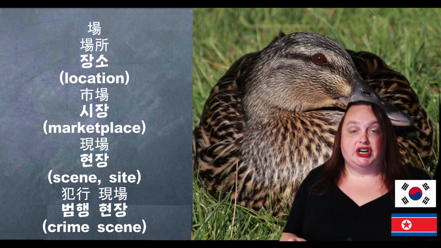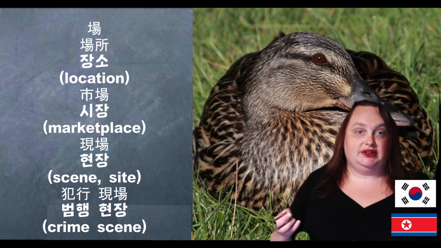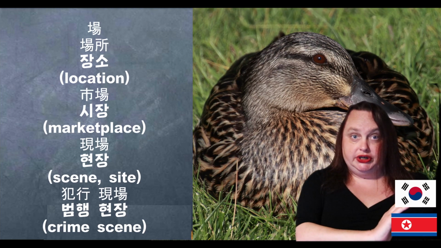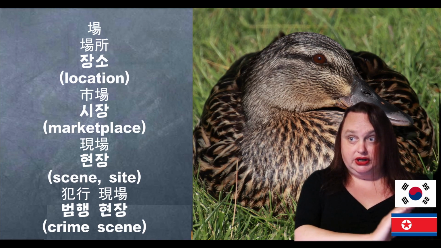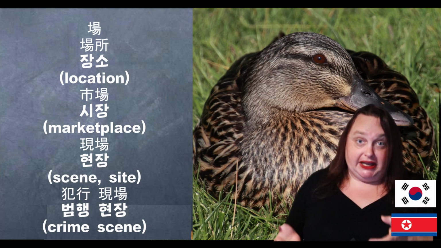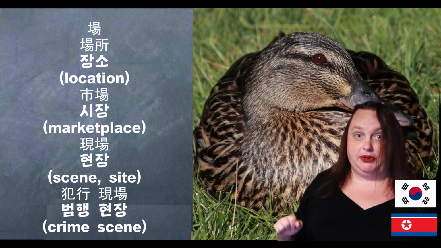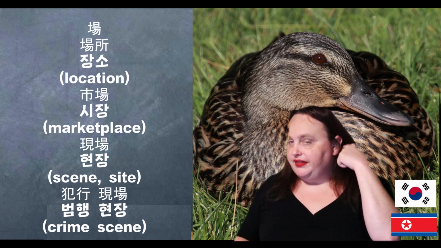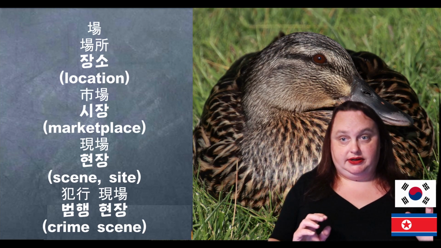Then we have Xizang. Xizang, that Xi is like as in Seoul-shi or Pyongyang-shi, meaning a city or a market, and Jiang, a place. Xizang is a marketplace. And then Hyunjang.